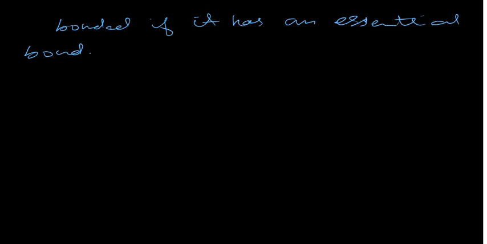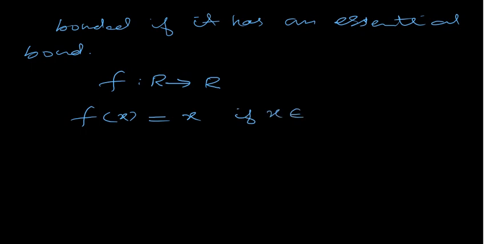So I had taken this example, the first example that I defined, from R to R, defined by f of x equal to x if x is rational, and it's equal to 1 if x is an irrational number. I will take now here 2, not 1.